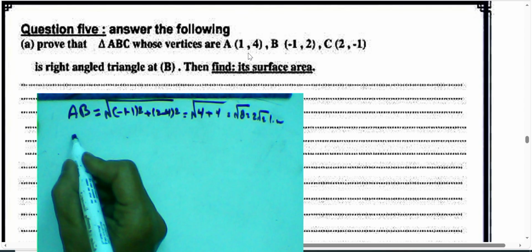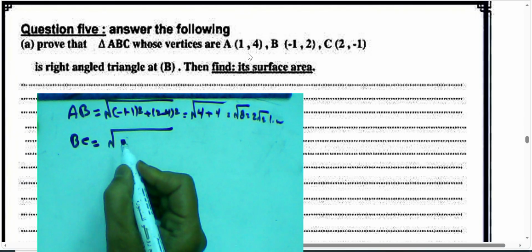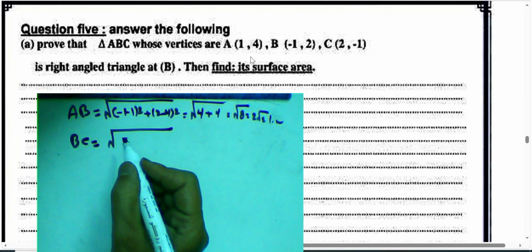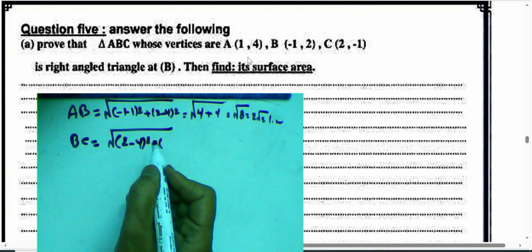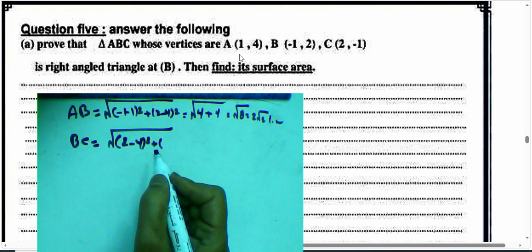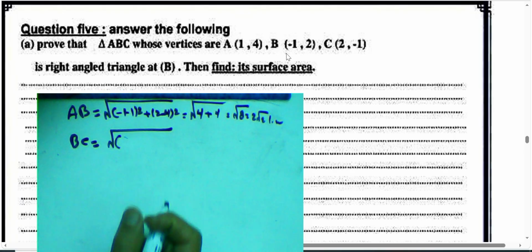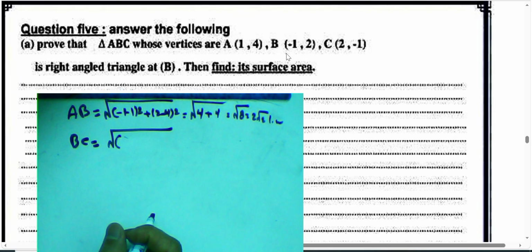And what about BC? For B and C, we have (2 minus 4) power 2 plus (negative 1 minus 1) power 2. I want BC again. Again, I want to find the length of BC.